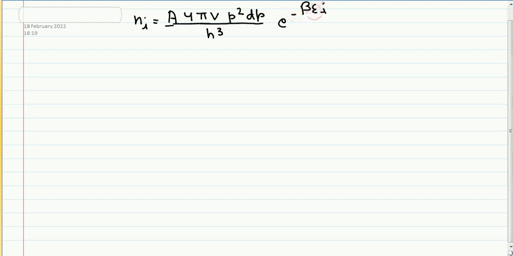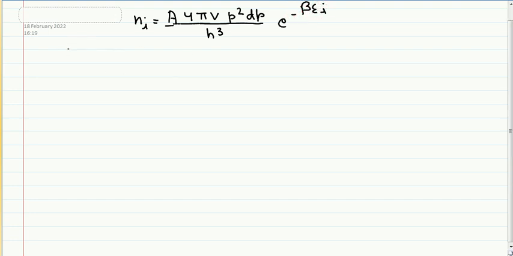So we have Ni is equal to A, and then gi is 4 pi V P square dP divided by h cube, e to the power minus beta ei. So this is the distribution function.